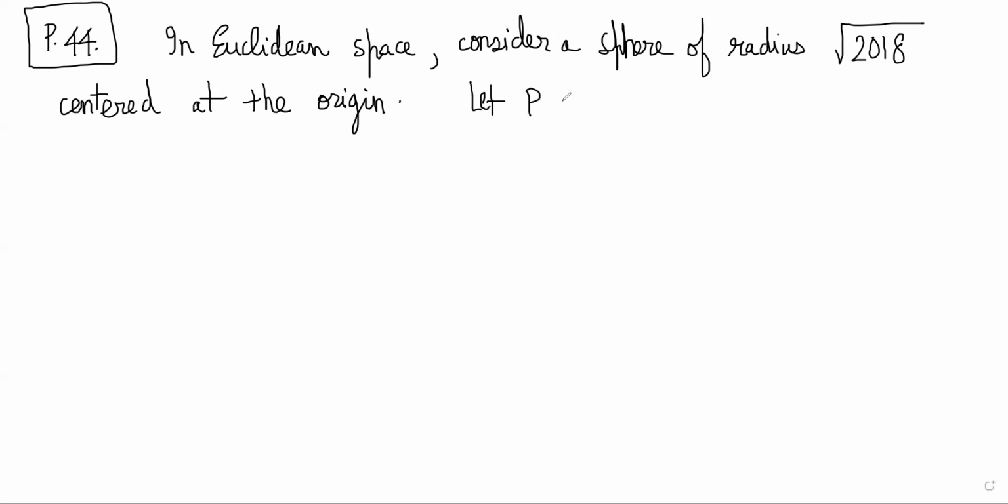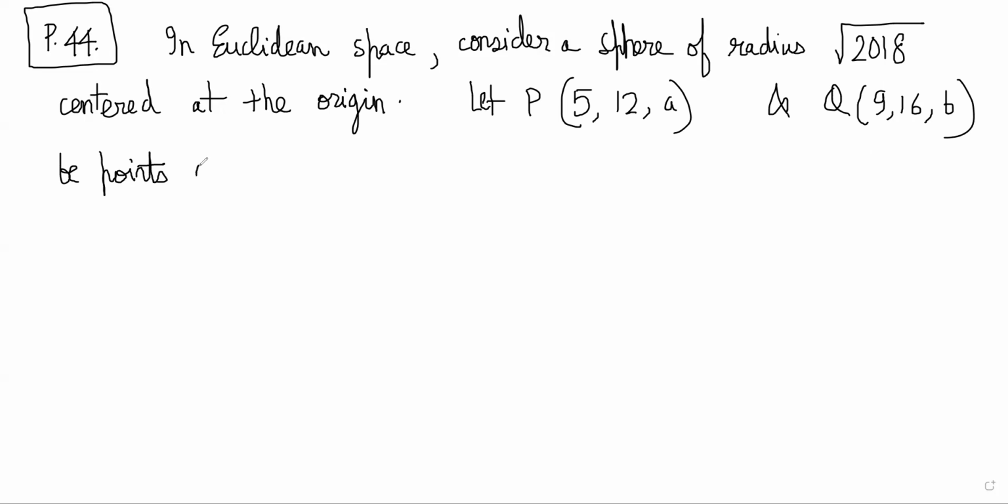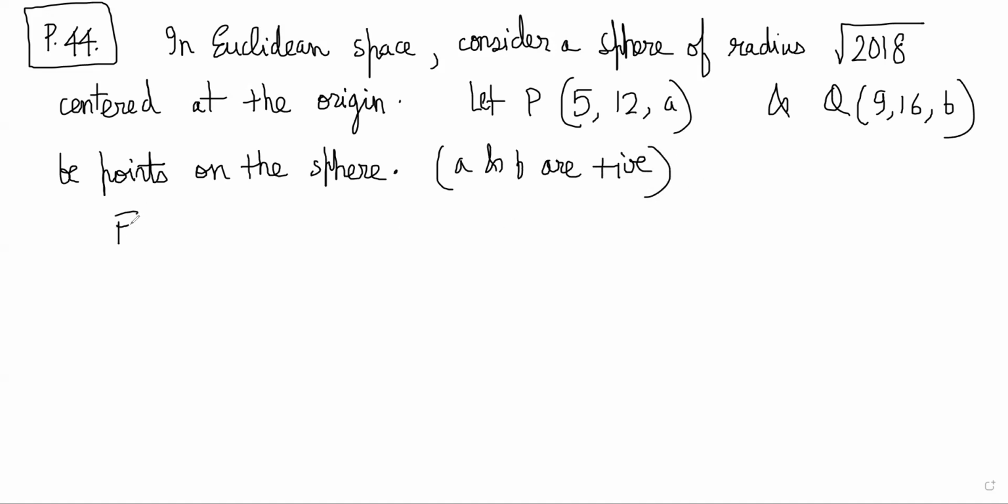Let P be a point in 3D space (5, 12, A) and Q (9, 16, B), points on the sphere. A and B are positive. Find PQ, the distance between the points P and Q.